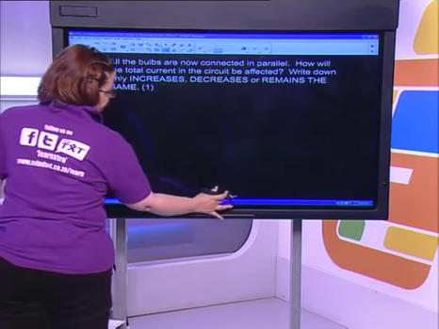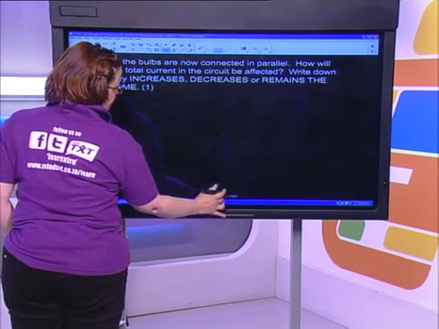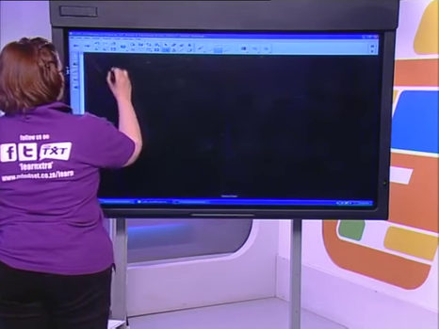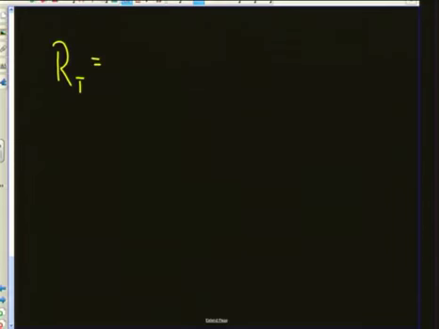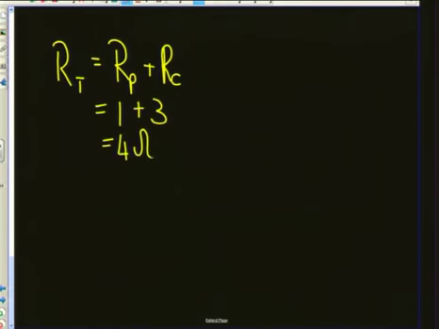So we need R total, which will be my parallel section plus C, which is in series. So it's 1 plus 3, it's 4 ohms.